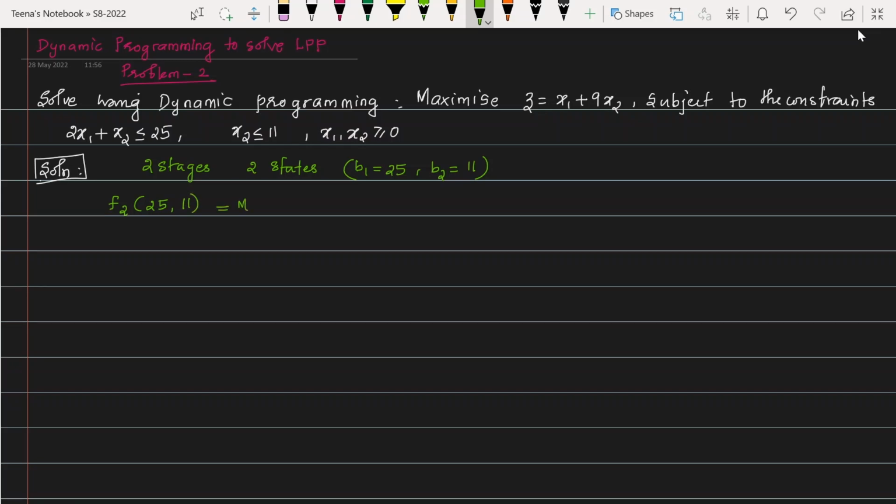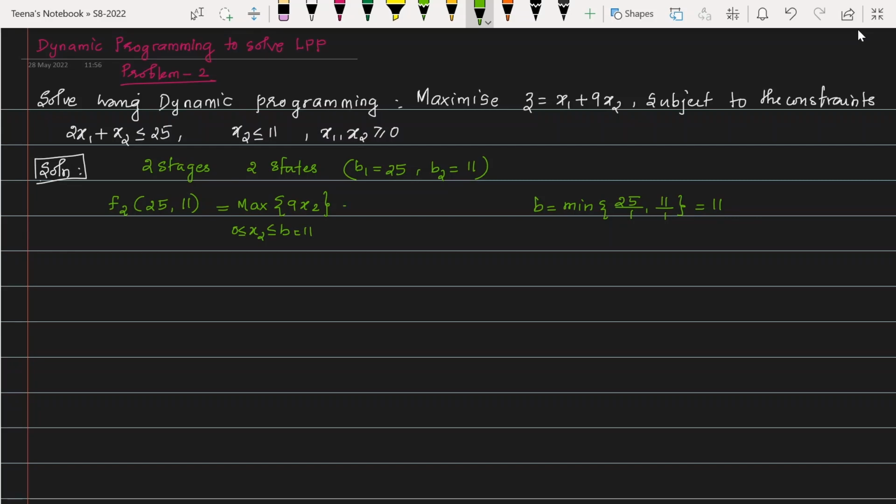This is equal to the maximum of 9x2, where the maximum ranges over the possibilities of x2 from 0 to b, where b is equal to the minimum of the x2 coefficient ratios from the two constraints, 25 by 1 and 11 by 1. So this minimum is 11, and the range is up to 11.